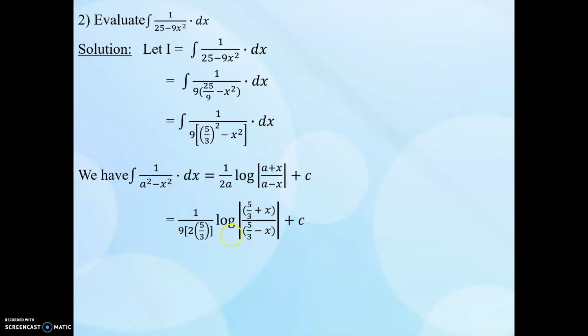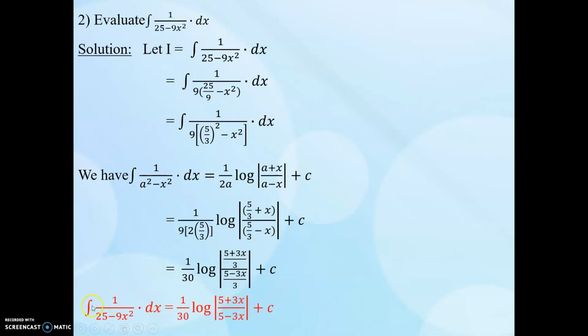So here you can cancel one of the 3 with 9. So 3 2s are 6, into 5, 1 upon 30 log mod 5 plus 3x upon 3 upon 5 minus 3x upon 3. This 3 and this 3 cancel in the denominator. So integral 1 upon 25 minus 9x square dx is equal to 1 upon 30 log mod 5 plus 3x upon 5 minus 3x plus c. That is the answer for this question.